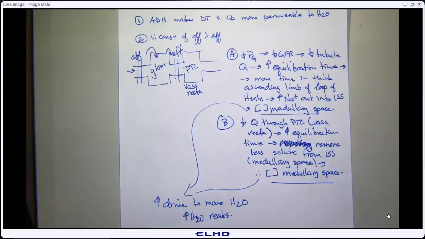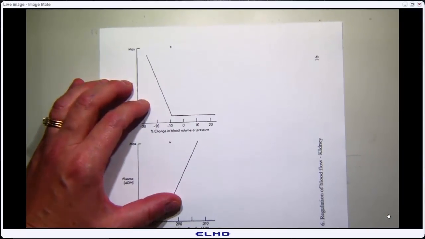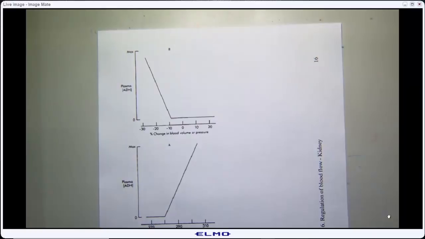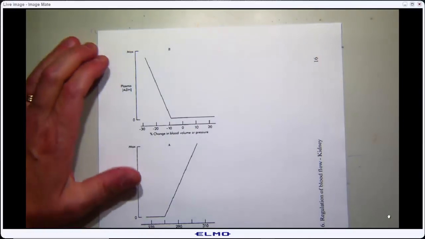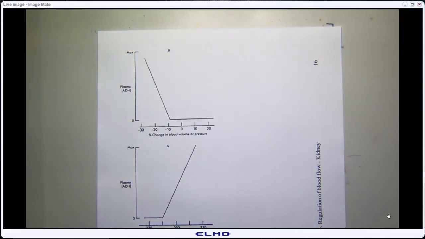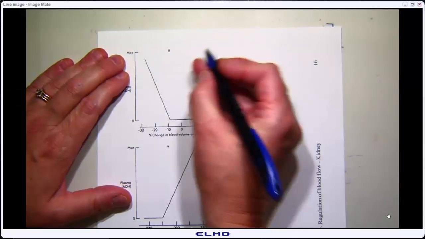It's hardcore. All right, if the presence of ADH does all that, then let's think hard about where ADH comes from. What provokes it? So you would have learned in Human Phys 1 that ADH is released at the level of the brain from the posterior pituitary.